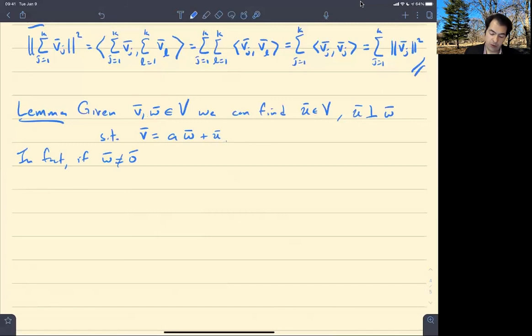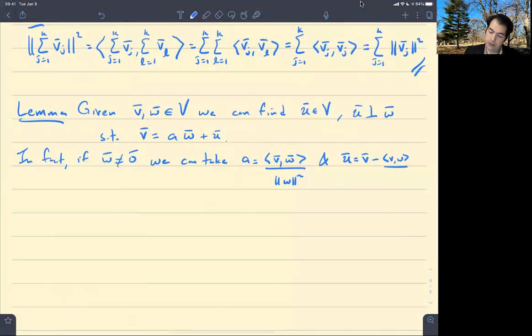But if W is not equal to 0, we can take A to be this number. So take the inner product of V and W and divide it by the norm of W squared. And we can take U to be V minus this number times W.